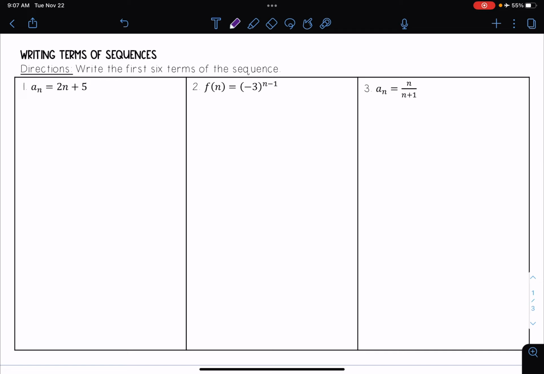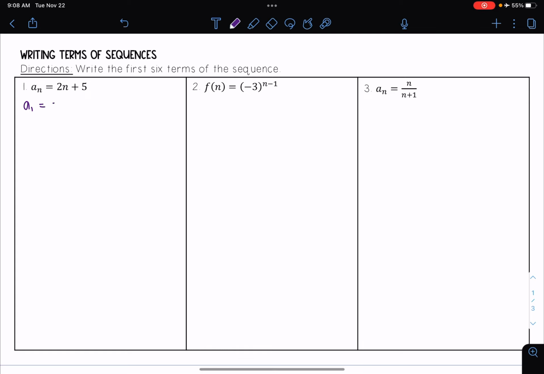So for these examples, I'm going to write the first 6 terms of the sequence. And so I'm given the rules. So number 1, I'm given that a sub n is equal to 2n plus 5. I want to write the first 6 terms of the sequence. So to write the first term, I need to plug in the domain starting at 1. And so I can say a sub 1, which just stands for the first term, is equal to, here, everywhere I see an n, I'm replacing it with 1.